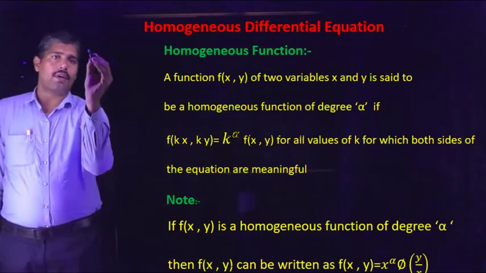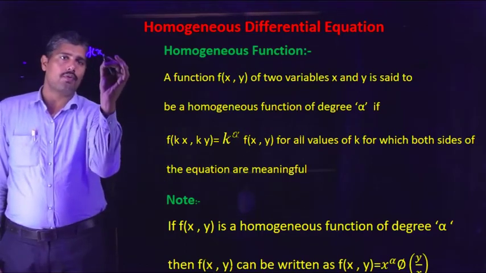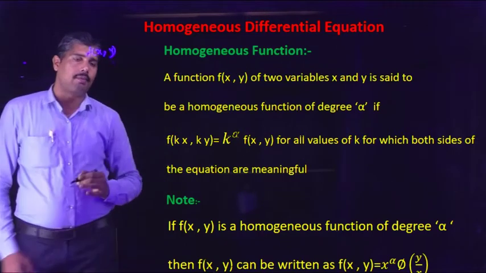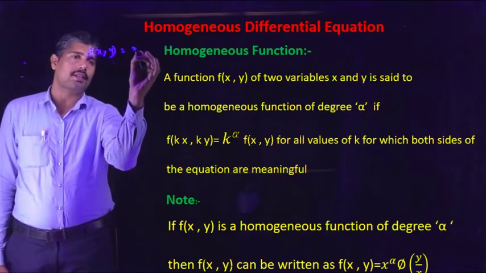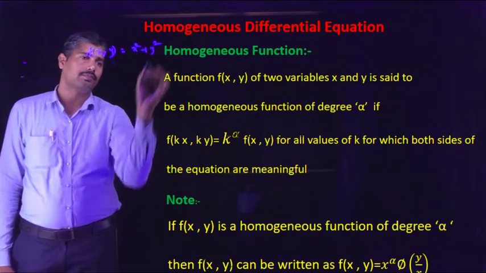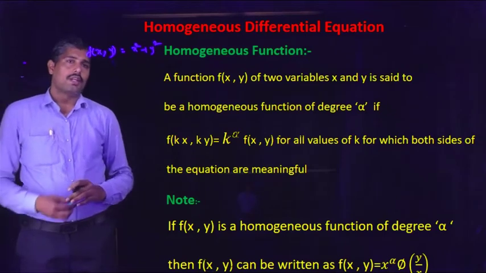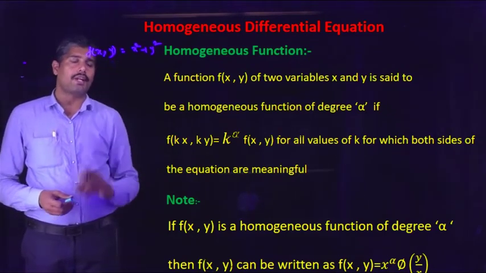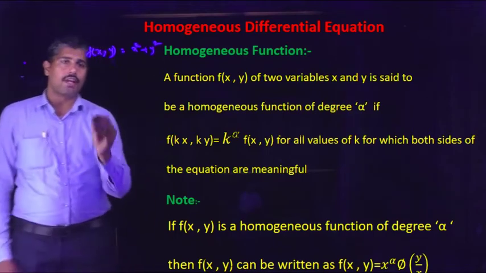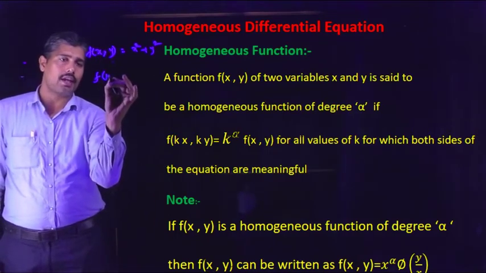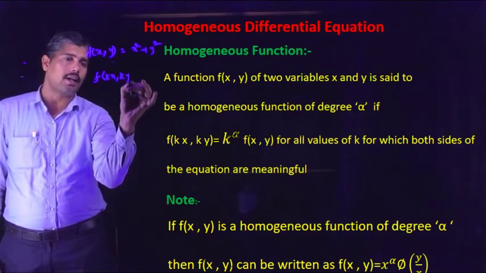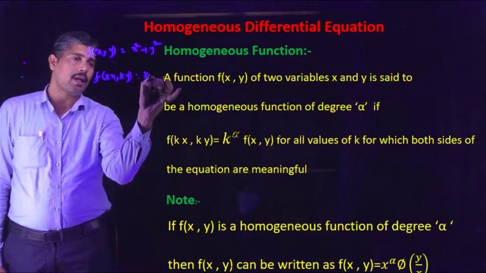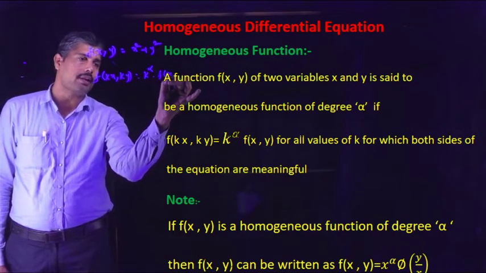See here, suppose one function is given, f of x comma y equals x square plus y square. In the place of x we take kx, in the place of y we take ky, then we get f of kx comma ky equals k power alpha into f of x comma y.